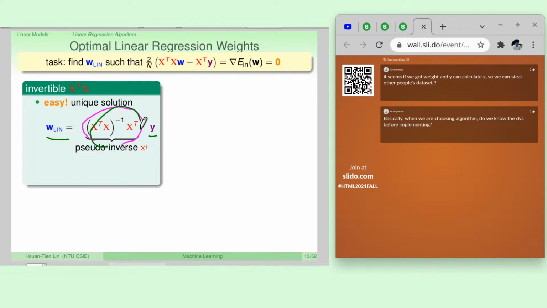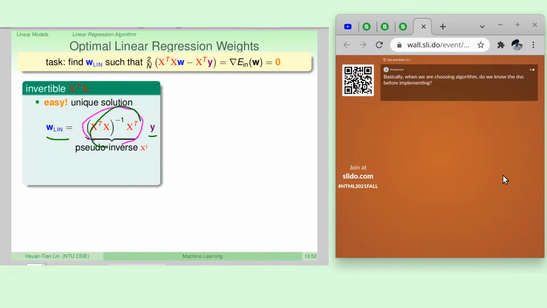So back to your question, in terms of linear regression, I don't think it's easy to reconstruct the x, simply because you have too few knowns and too many unknowns. But in general, for machine learning, is it possible to reconstruct the data? Possible for some models, and it's an active research direction to prevent that.